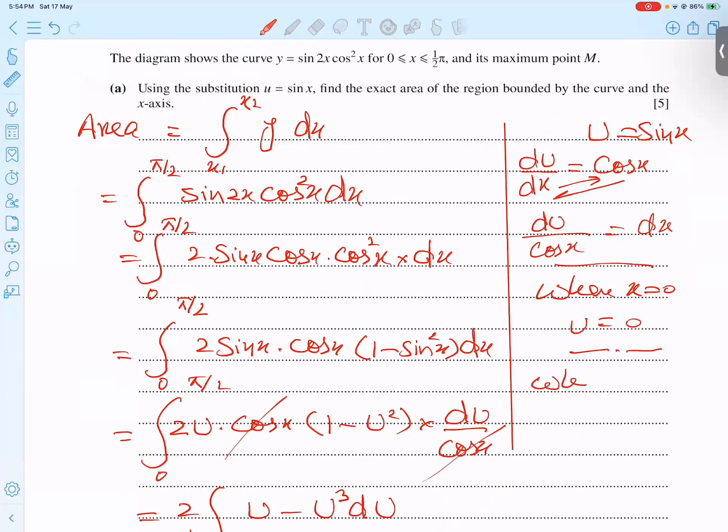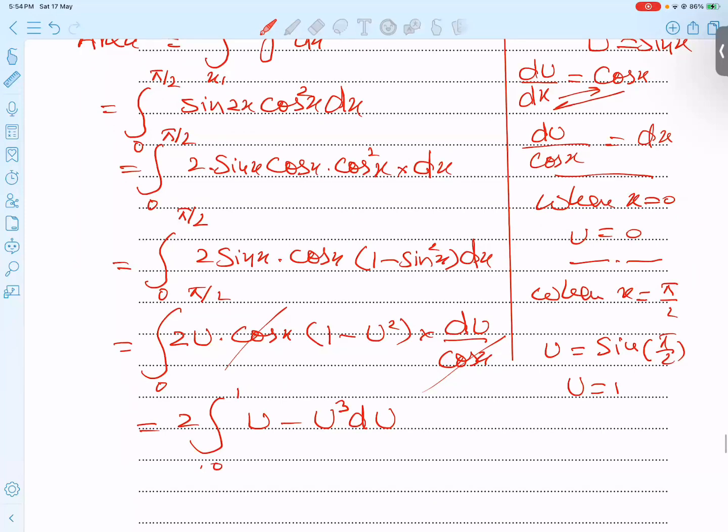And when I take the upper limit, the x value upper limit is pi by 2. When I plug in pi by 2, what is sine pi by 2? So u equals sine pi by 2, which gives us 1. So lower limit 0, upper limit 1. I hope the concept is very clear.